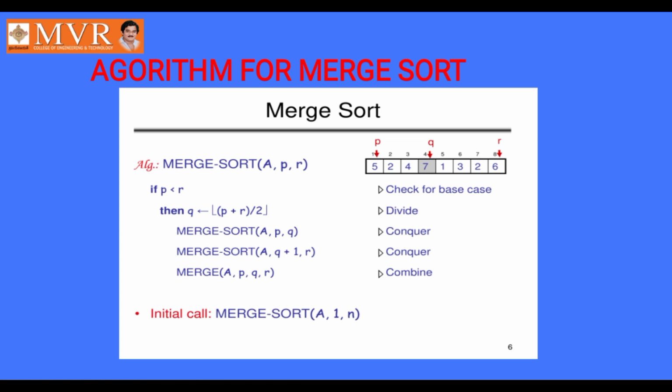Here, as you know, first P and R are the lower bound and upper bound, and based on this we have calculated the Q value, and based on the Q value we will be dividing the list into two parts. After that, again the left subpart will be divided into two halves based on the mid value, and the right part also will be divided into two halves by calculating the mid value.